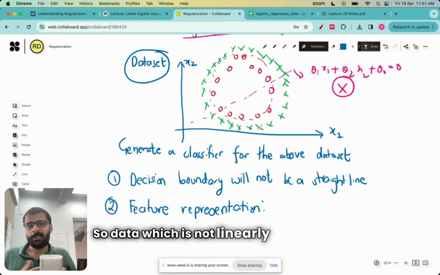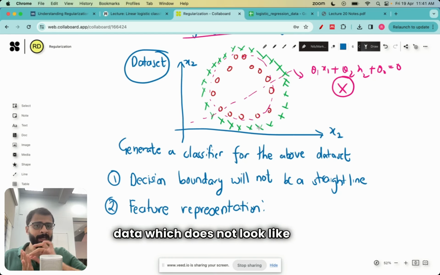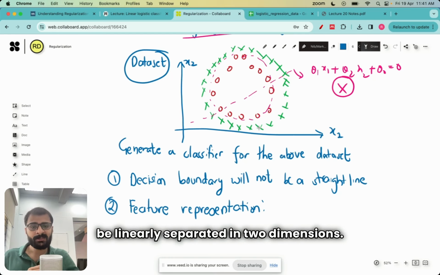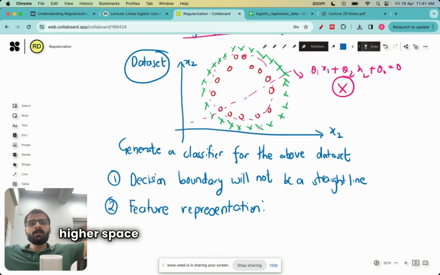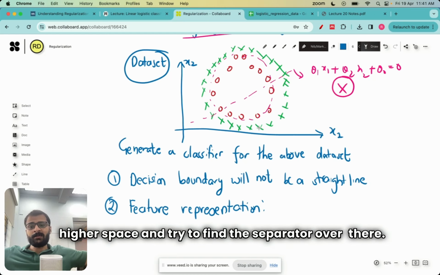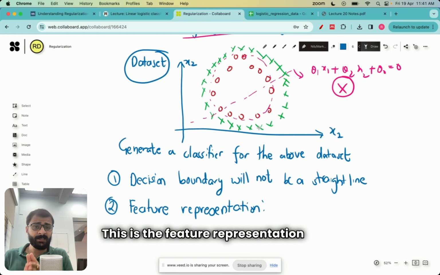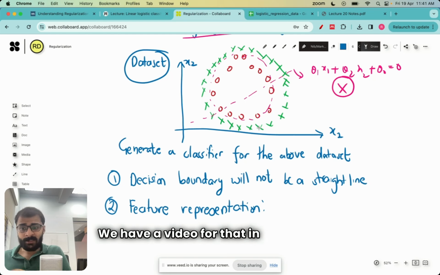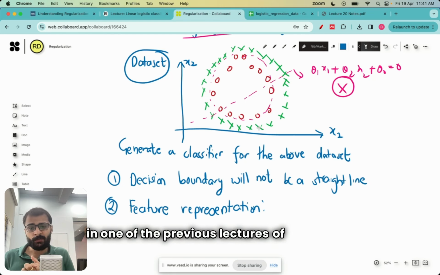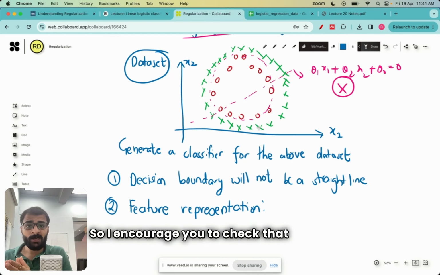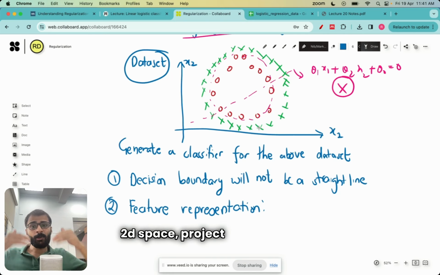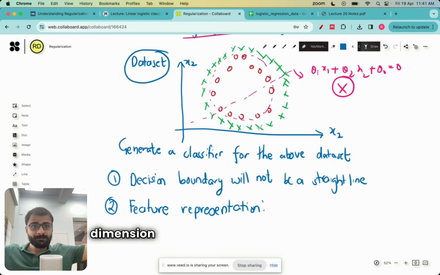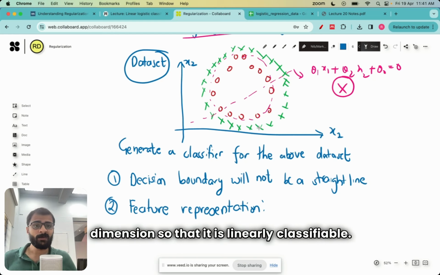Data which does not look like it can be linearly separated in two dimensions, we can project from a 2D space into a higher space and try to find the separator over there. This is the feature representation trick. We have a video for that in one of the previous lectures of the course, so I encourage you to check that video out. But feature representation helps us to take data which is not linearly classifiable in 2D space, project it onto a higher dimension so that it is linearly classifiable.